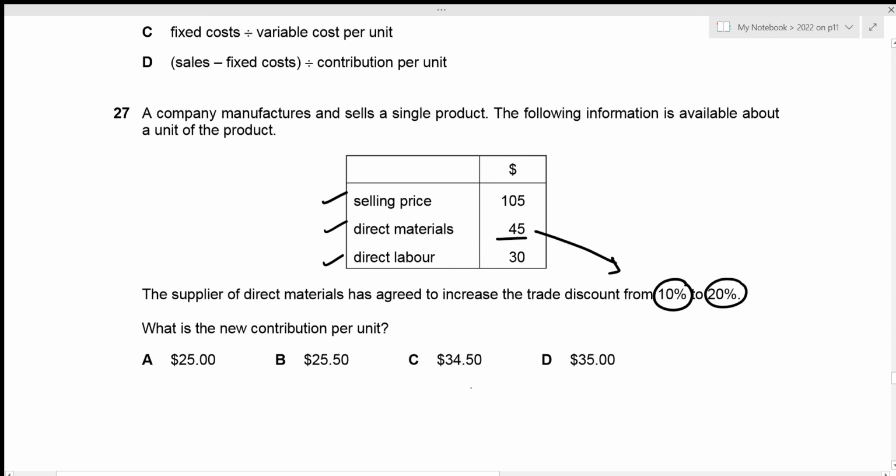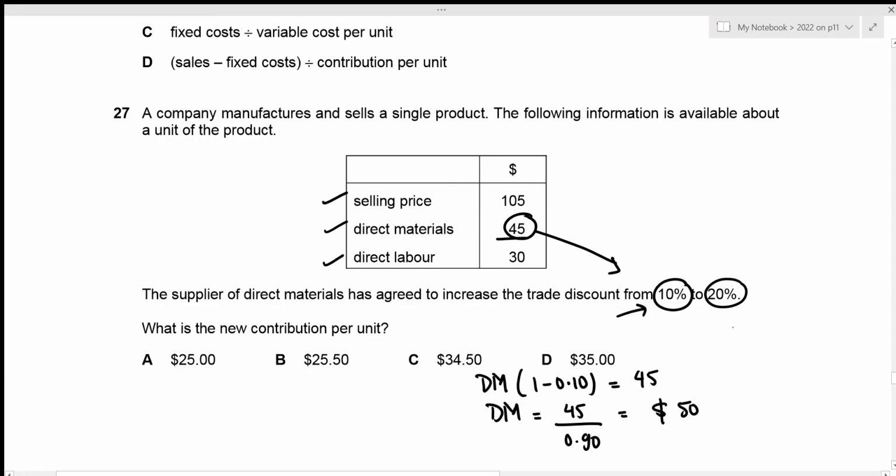So let's figure out the actual direct material cost. We're given the trade discount of 10%, so that's 1 minus 0.10, and this results in the value of 45. So our actual direct material should have been 45 divided by 1 minus 0.10, which is 0.90. This results in the actual direct material being 50. And now instead of applying a trade discount of 10%, we should be applying a trade discount of 20%.